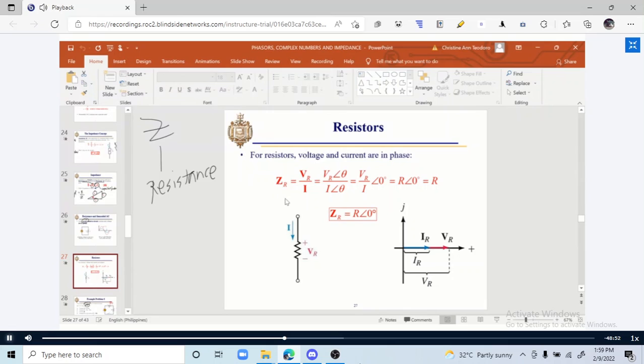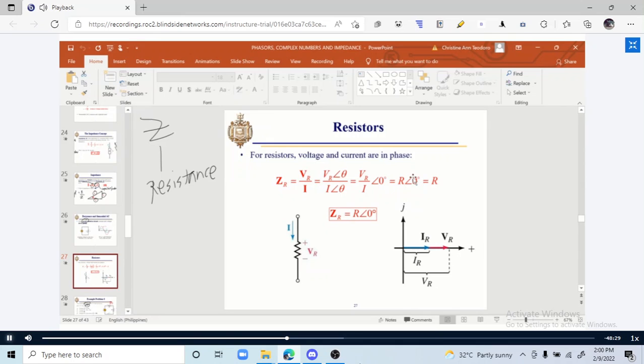So when you have a purely resistive circuit, or your impedance is just composed of resistances, since our loads are only resistors, we label it as ZR. Our ZR is equal to R angle 0 degree.